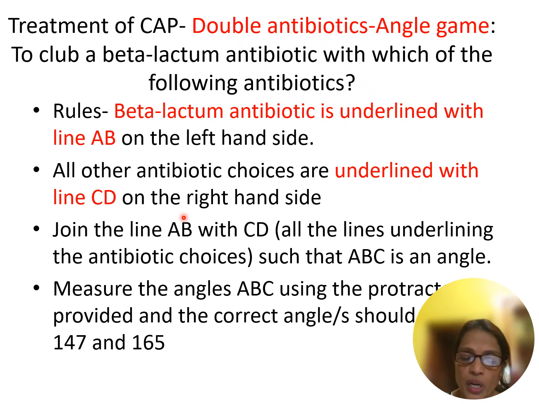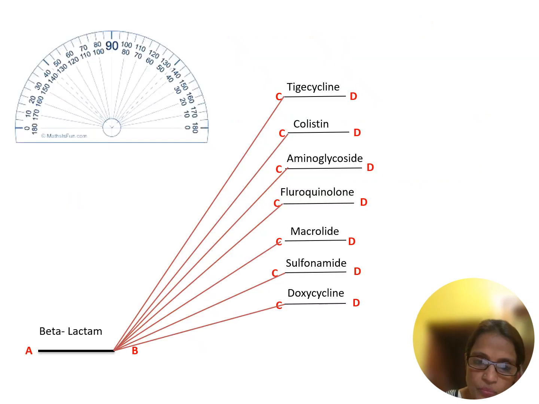especially community acquired LRTIs. Now to solve this particular puzzle, let me show you the next slide. Now here we have beta-lactam antibiotic which is to be given to cover the typical pathogens.